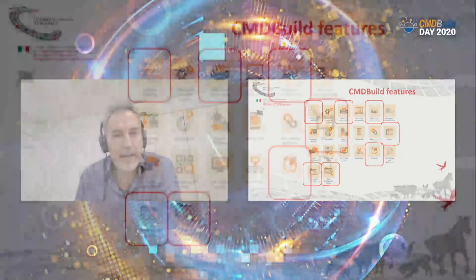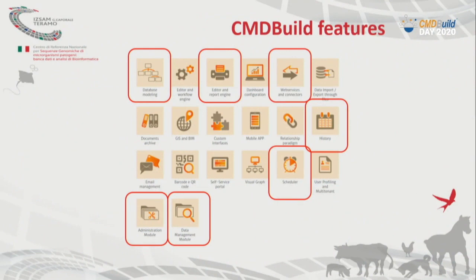It is important to mention which parts of CMDBuild have been involved in this. In particular, the great part we needed is the web service and connectors, as you can imagine, because we have a lot of information systems to integrate and harmonize. But of course, the history system has been very useful, as has the report engine.